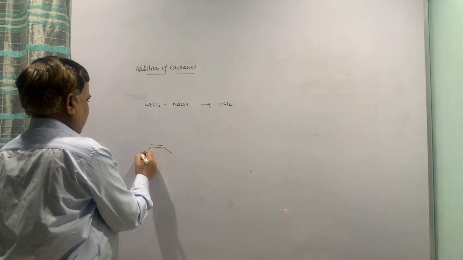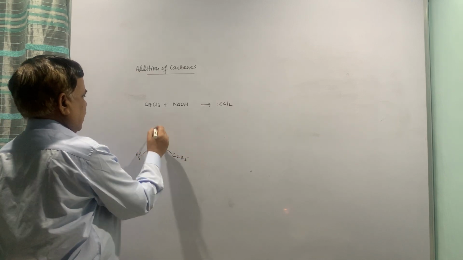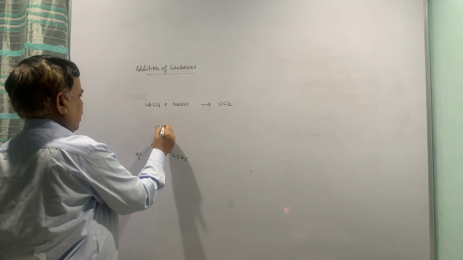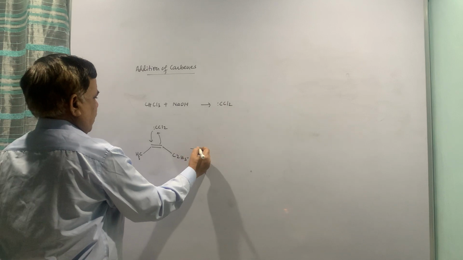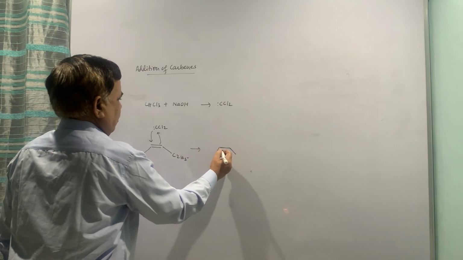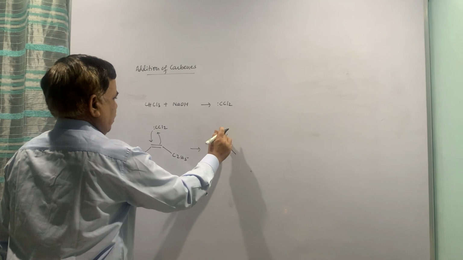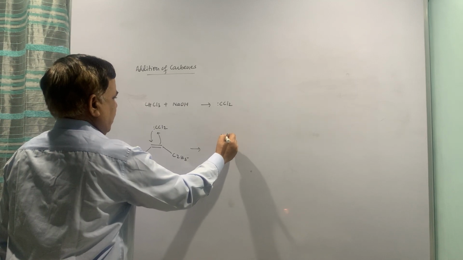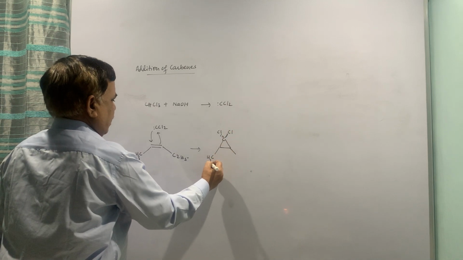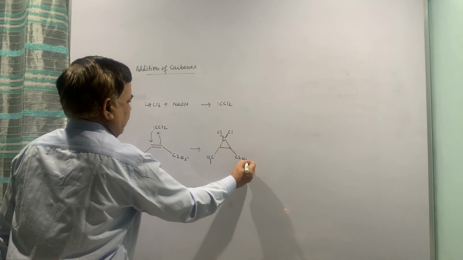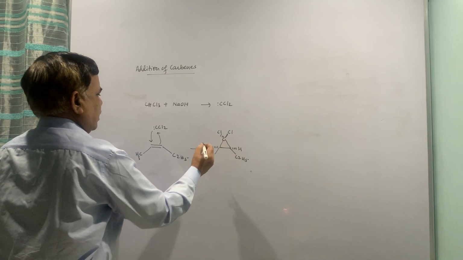So if I start with this alkene, then you can simply show the addition. Since this is 3-membered, one will be above and one will be behind the plane, but the geometry of the alkyl groups will remain the same because they were cis, they will remain cis.